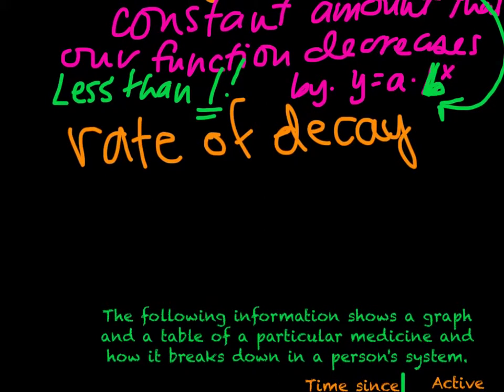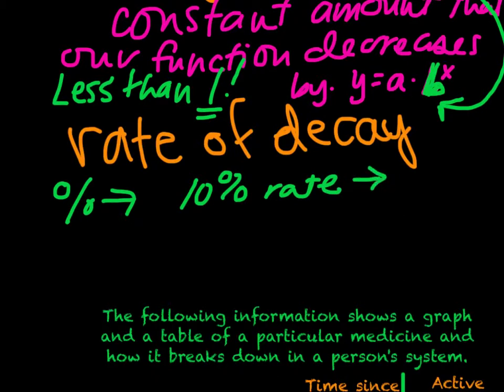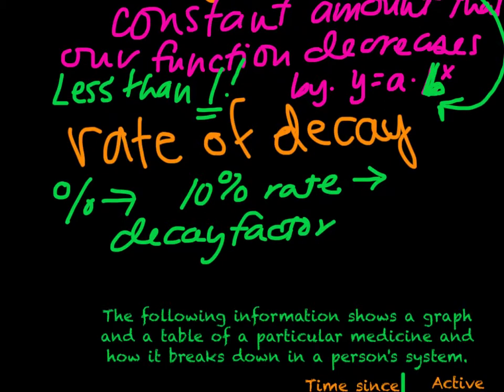As well, we have a rate of decay concept that we're going to add, and that is the same sort of concept as decay factor, but it is a percentage. If something is decaying at a 10% rate, that means its decay factor, so we can look at the remaining amount, is going to be 0.9. So let's start to think about how 10% and 0.9 relate to each other.